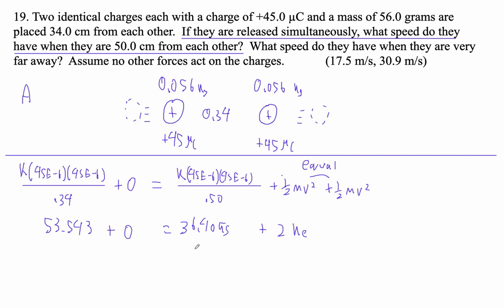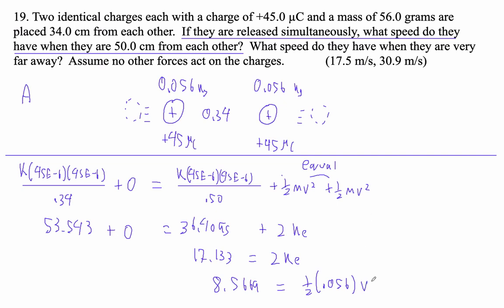I'm getting that 17.133 is 2 times the kinetic energy that each one gets, right? Okay, so let's divide this by 2. And I'm getting that each one of them has a kinetic energy. So 8.5669 is equal to 1/2, and now we can use the kinetic energy of one of the masses, 0.056 times v squared, right?